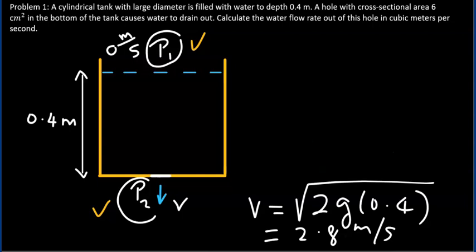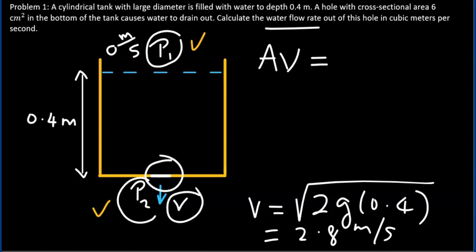The equation of continuity would tell us that the volume flow rate is quite simply the cross-sectional area times the speed. So if you take the cross-sectional area here and multiply with the speed there, you will get the volume flow rate. Now we do know what the cross-sectional area is.